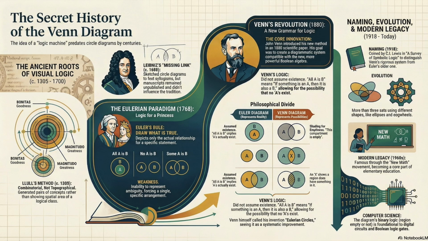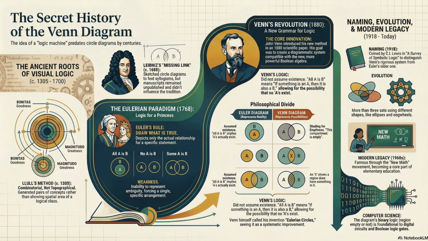And they only surfaced when? During the comprehensive scholarly cataloging of his papers in the early 20th century, around 1903. An invention has to be public to establish priority. So the continuous historical tradition, the popularization, it flows directly and unambiguously through Leonhard Euler, which brings us to the moment the circle diagram truly entered the world of pedagogy and popular thought, the Eulerian paradigm.